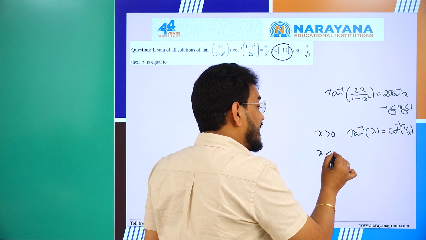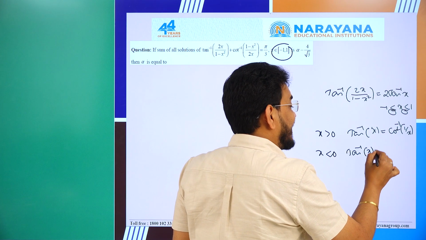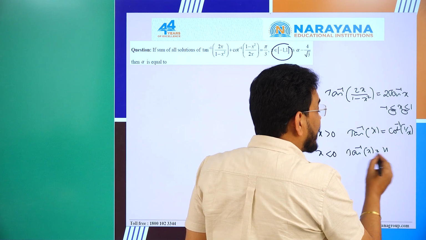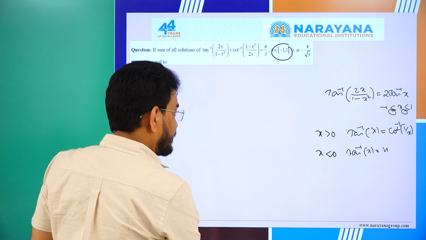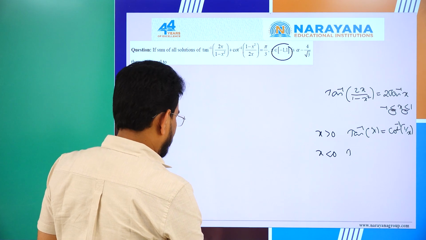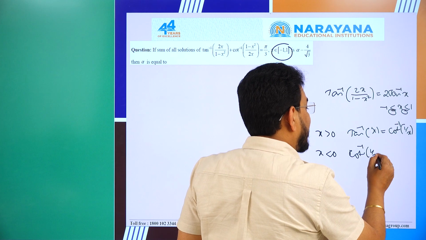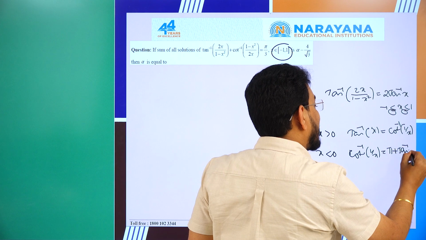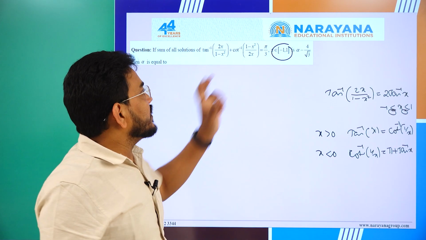But if x is less than 0, cot inverse of 1 by x is equal to pi plus tan inverse of x. So these are the two things needed for this question.